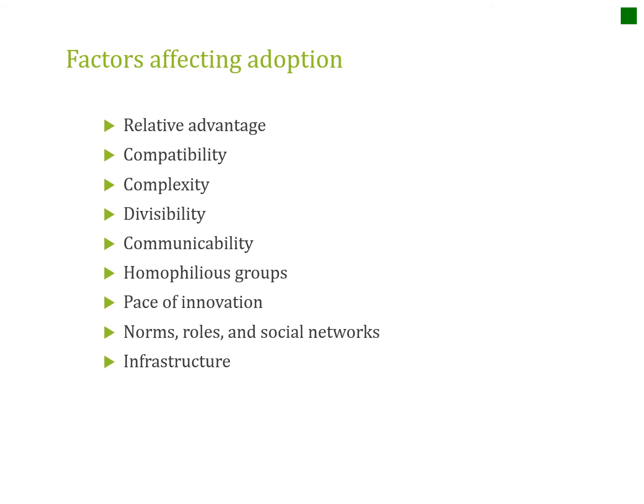So what are the things that affect whether people will use your new product or service? Does it have an advantage? Is it compatible with other things about them or other services? How complex is it? Back to my KISS rule, make things as simple as possible. Can you separate that out from other services? Can you communicate about it?